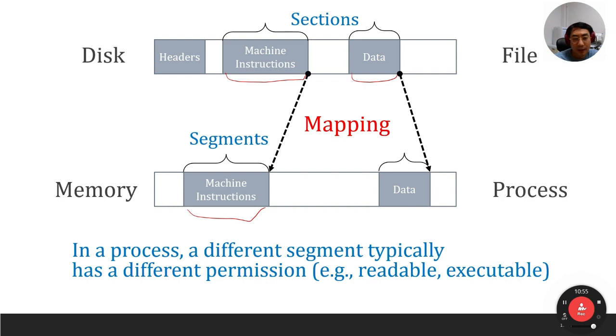In a process, a different segment typically has a different permission. So for a segment, it's very important to determine which permission it requires, like readable permission or executable permission.